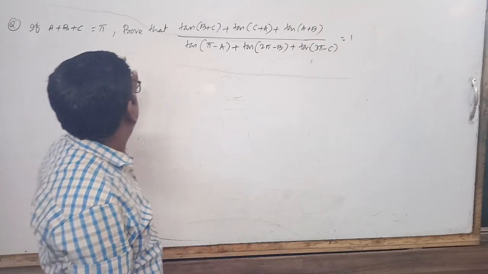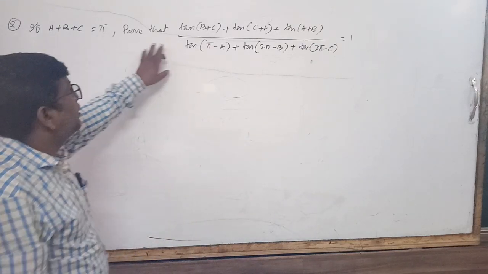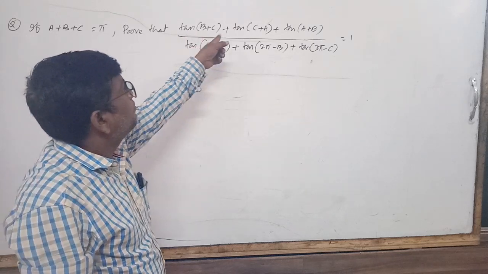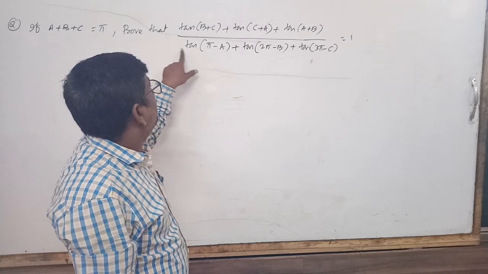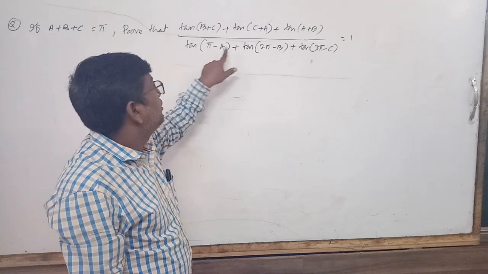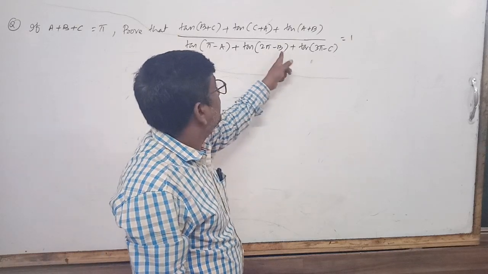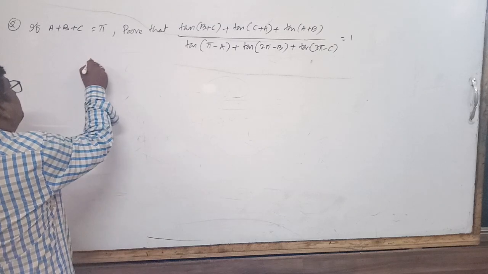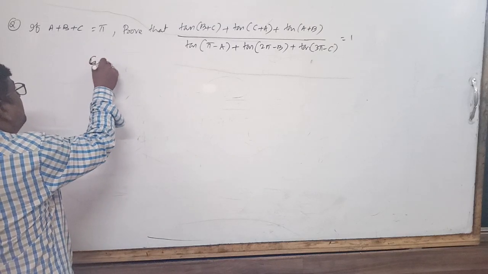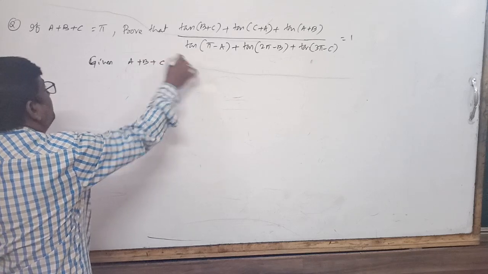Another question. If A plus B plus C is equal to pi, prove that tan(B plus C) plus tan(C plus A) plus tan(A plus B), divided by tan(pi minus A) plus tan(2 pi minus B) plus tan(3 pi minus C), is equal to 1. So first write given A plus B plus C is equal to pi.